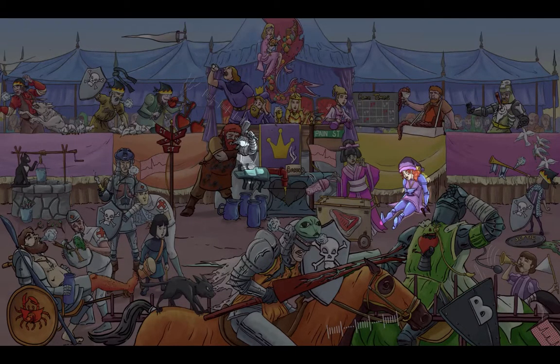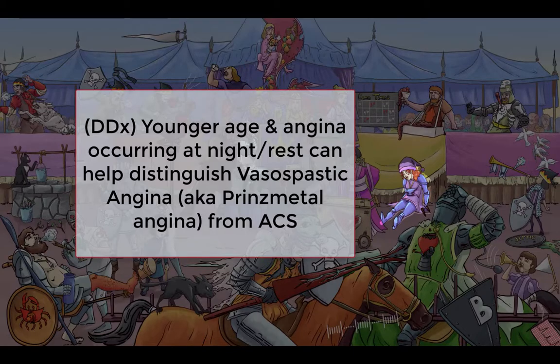Finally, let's briefly mention the classic mimicker of ACS type chest pain, vasospastic angina, also known as Prinzmetal angina. Since vasospastic angina occurs due to, well, coronary vasospasm and not coronary atherosclerosis, expect patients who present with it to be different from your typical ACS patient.